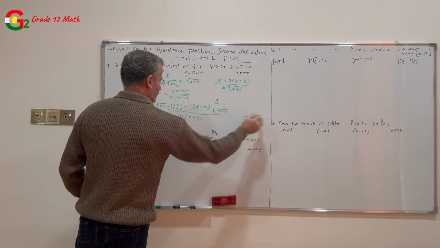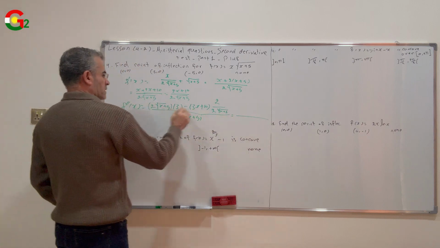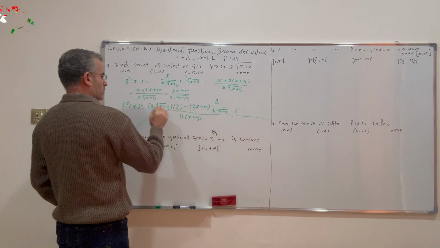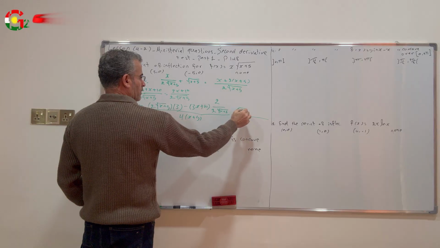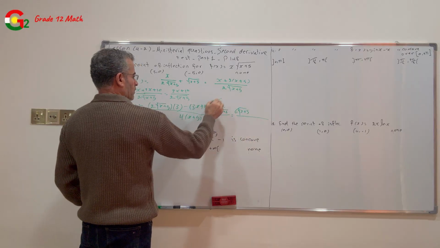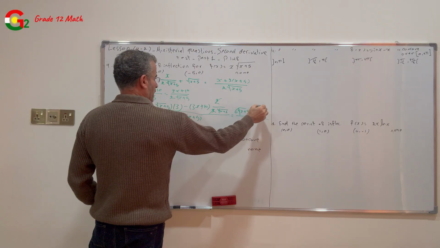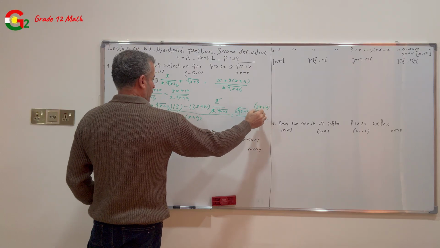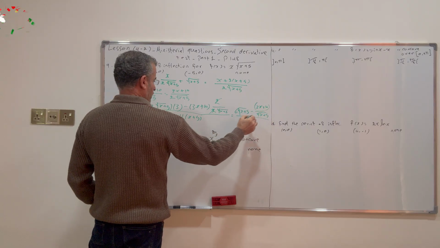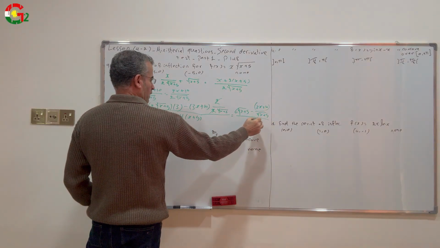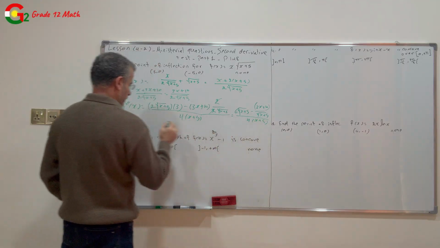That equals 6 square root of x plus 5, reduce 2 with 2, minus (3x plus 10) over square root of x plus 5, over 4 times (x plus 5).